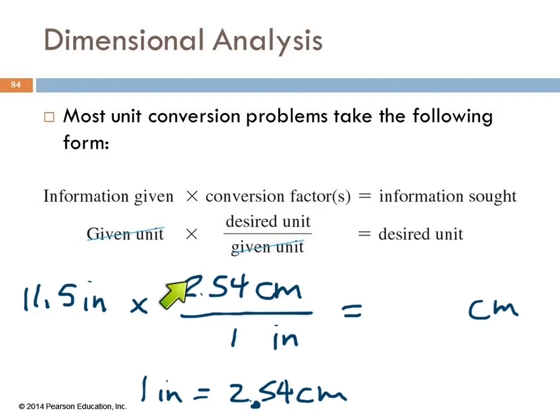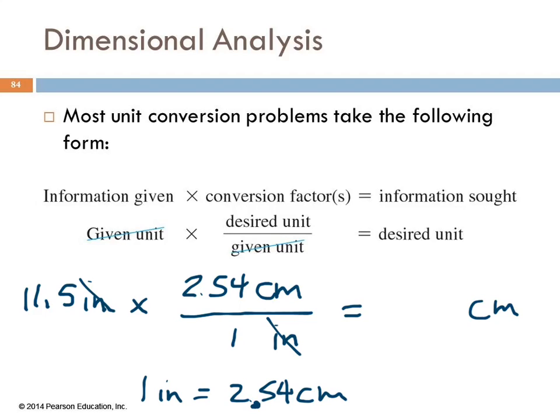The numerator is equal to the denominator. You can't say 1 centimeter per 2.54 inches, because 1 centimeter is about this big, and 2.54 inches is much bigger. That's not the same. You have to keep the number with its unit. And what happens here with the units is we've got inches divided by inches, they go away.